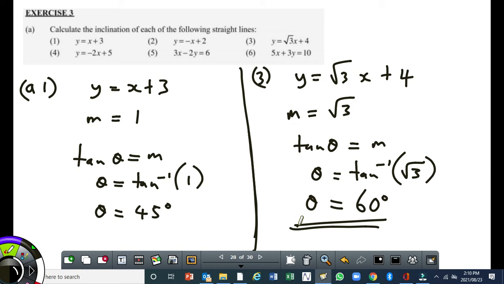Right? Then let's do number 6. Now number 6 is 5x plus 3y equal to 10. Now that straight line is not in the form y equal to mx plus c. So I actually have to rewrite that equation. So number 6 is 5x plus 3y equal to 10.